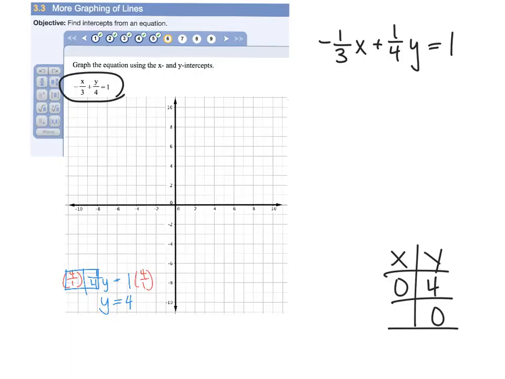And now we need to figure out, well, what happens when y is 0? Now when y is 0, this is going to go away because they're being multiplied. So we're going to end up with negative 1/3 x is equal to 1. So now we need to multiply both sides by negative 3 over 1.